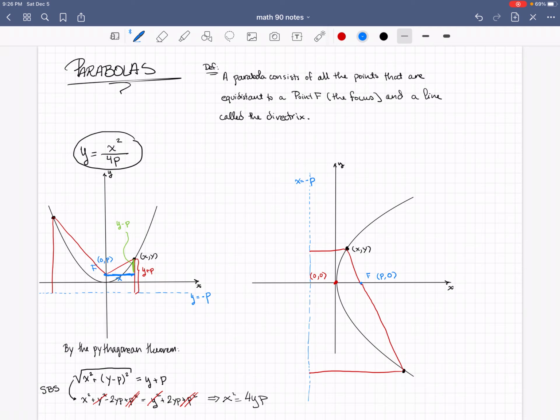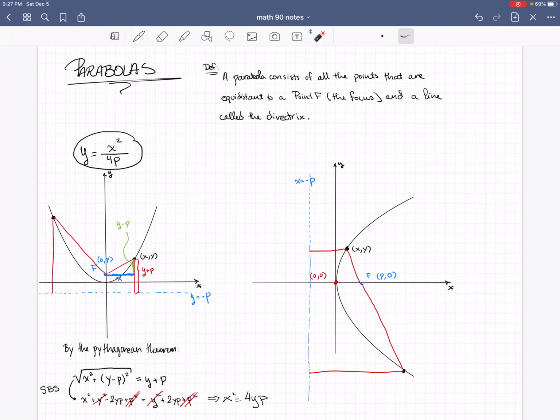Okay, so much the same way that we derived the equation of the parabola that opened up, let's derive the equation of the parabola that opens sideways. So remember, the two distances are the same. So let's start with the distance that's a little bit easier, which is the distance from the point to the directrix.